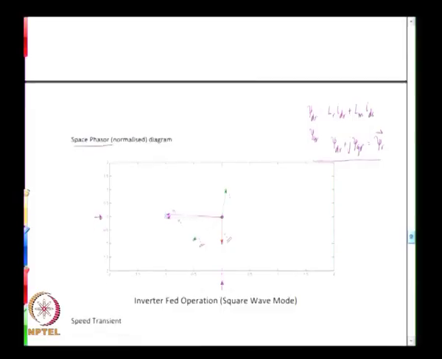The nice thing about these equations is they are not restricted to sinusoidal analysis. We have never in the development of equations assumed that V and I are sinusoidal. We have always spoken about instantaneous values of voltage applied, instantaneous flow of currents, and therefore these equations are general and can be applied to non-sinusoidal conditions as well, and therefore one can look at inverter fed operation.